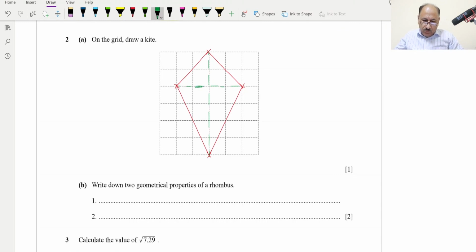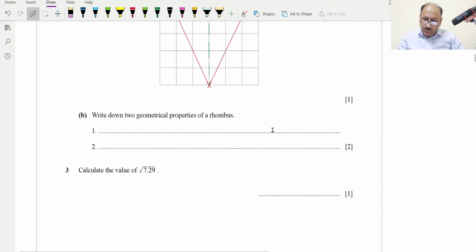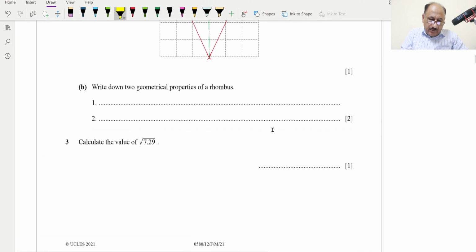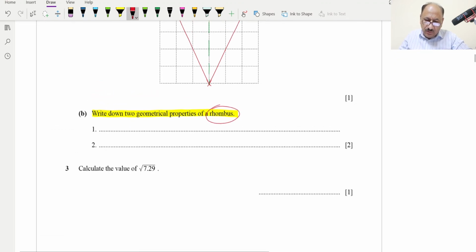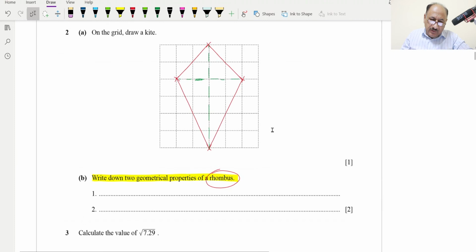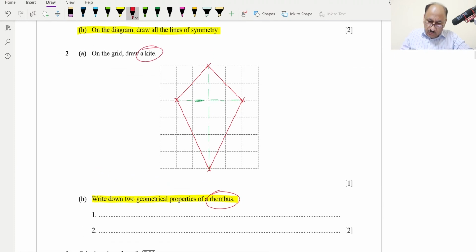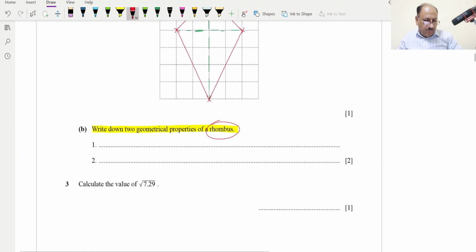So we have to write B part: write down two geometrical properties of a rhombus. Keep in mind they're talking about a rhombus, not the kite which is in part A. So a rhombus is different. If you want to draw a rhombus, it has all four sides equal in length.